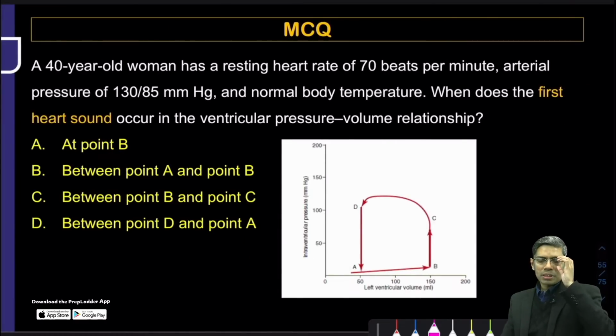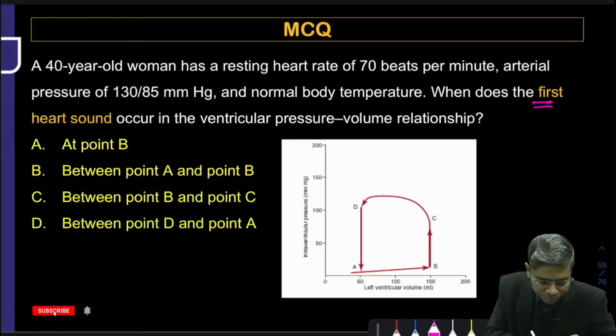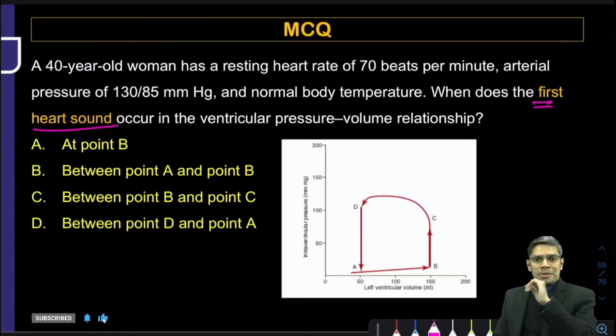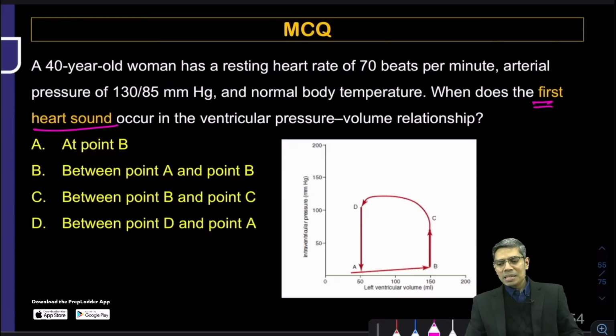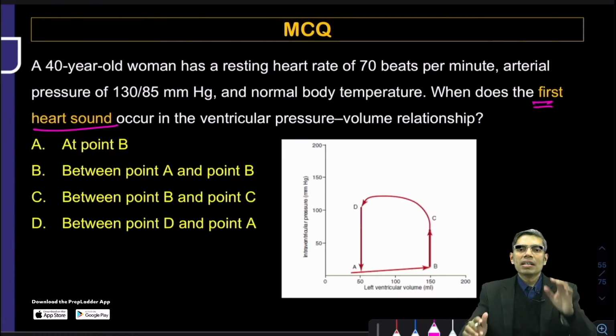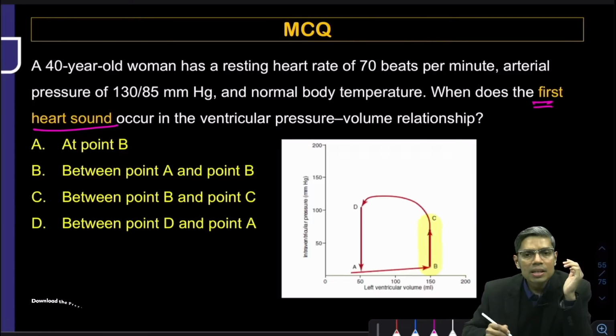Now, the second question is also on the PV loop, but here they are asking about the first heart sound or second heart sound? They are asking about the first heart sound. You know that the first heart sound occurs whenever there is onset of ventricular contraction.